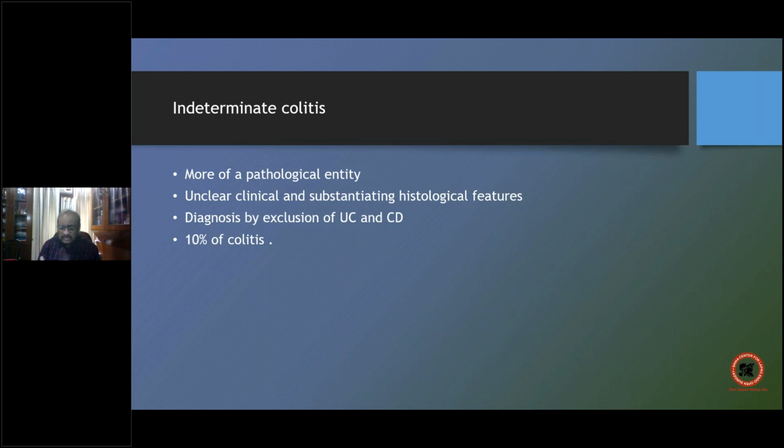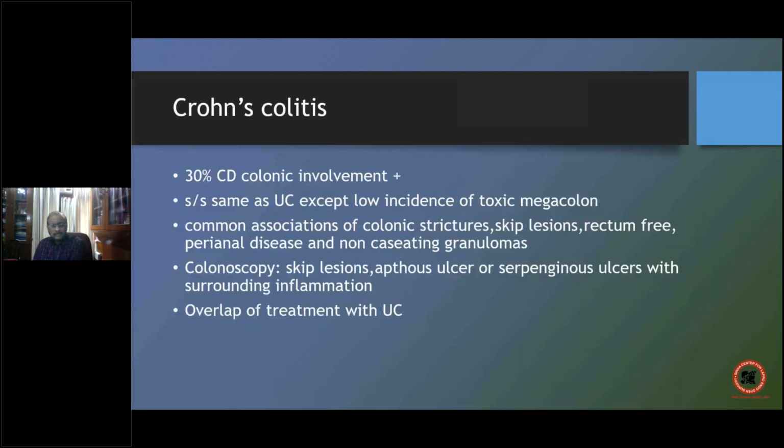You have excluded CD, you have excluded ulcerative colitis, you have excluded other kinds of infective colitis, then you would like to call it an indeterminate colitis. And 10% of colitis are such where no cause is found. It has not been identified as ulcerative, CD, or any kind of infective. You like to call it indeterminate colitis.